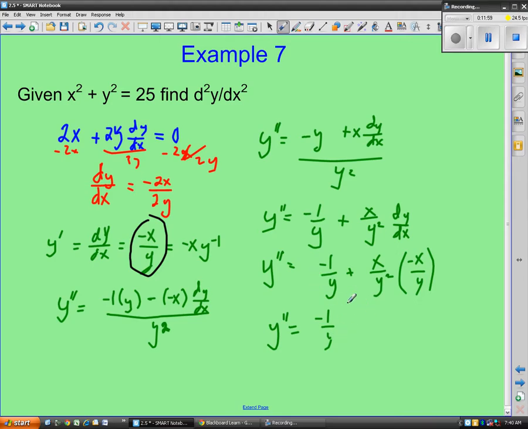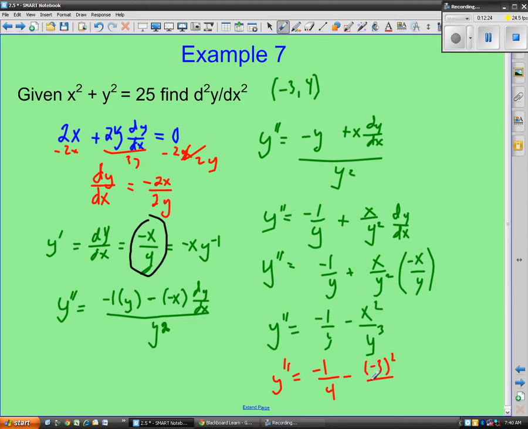And say I picked a point, -3, 4 for this to find the slope at this point. Now I can just go ahead and plug them in, and I'm left with y double prime equals -1 over 4 minus -3 squared over 4 cubed, which is 64.